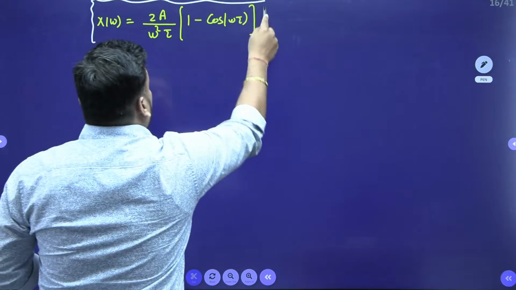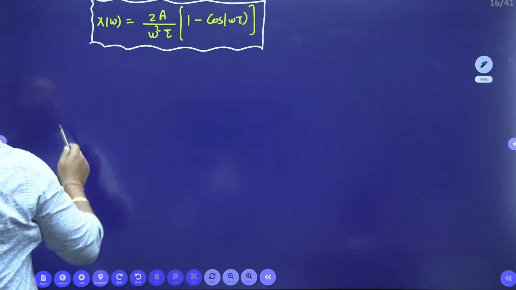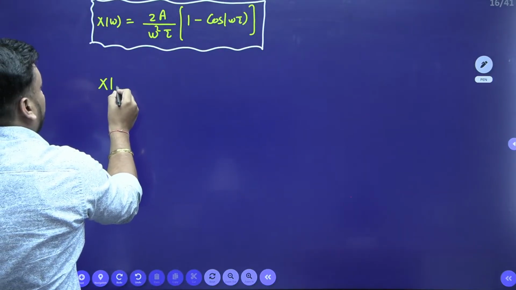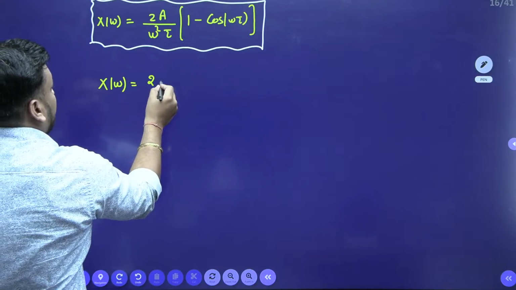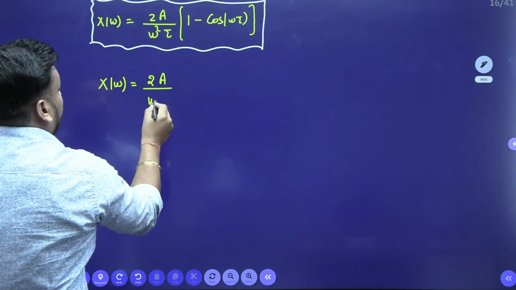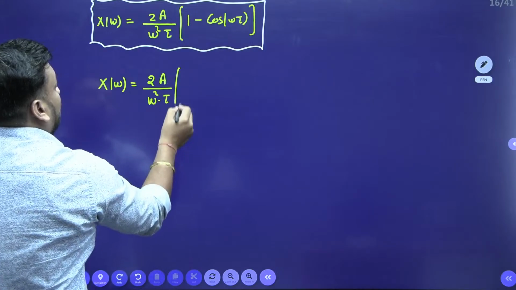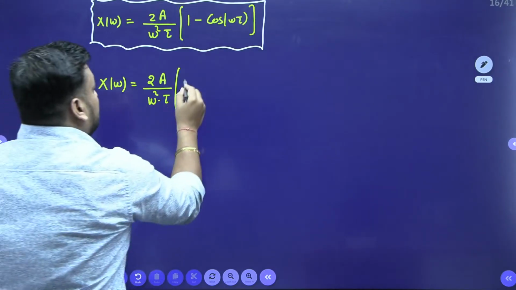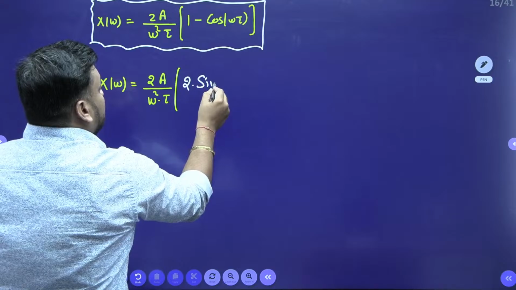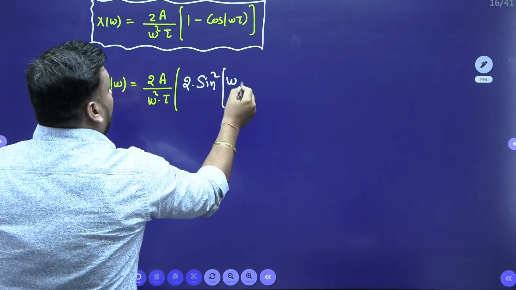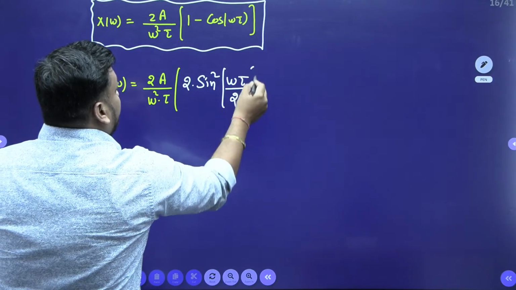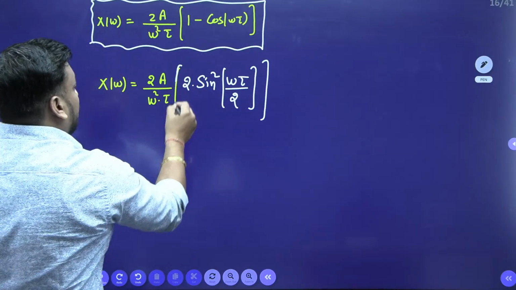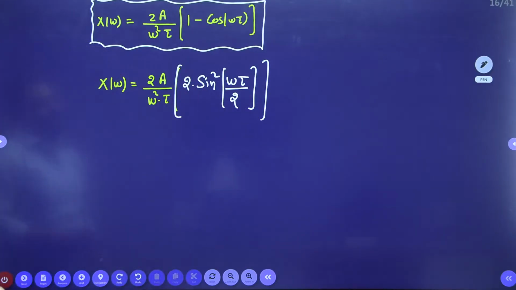So just reply fast, guys. Here what you will get: X(omega) equal to twice A upon omega square into tau, and here 1 minus cos omega tau is nothing but twice of sine square omega tau by 2.